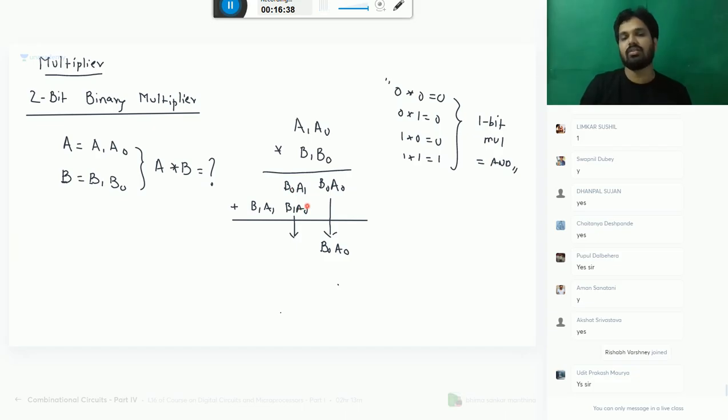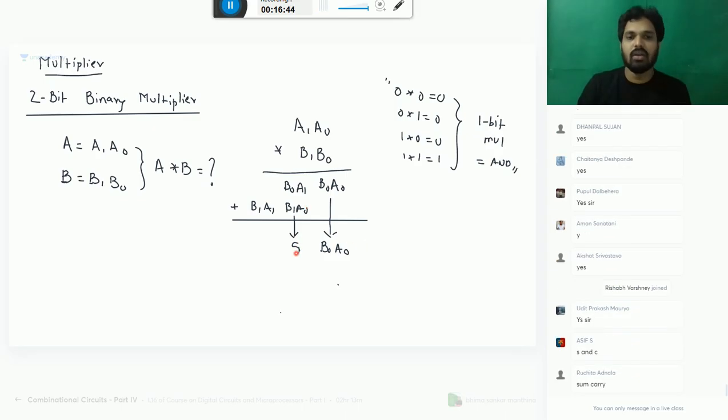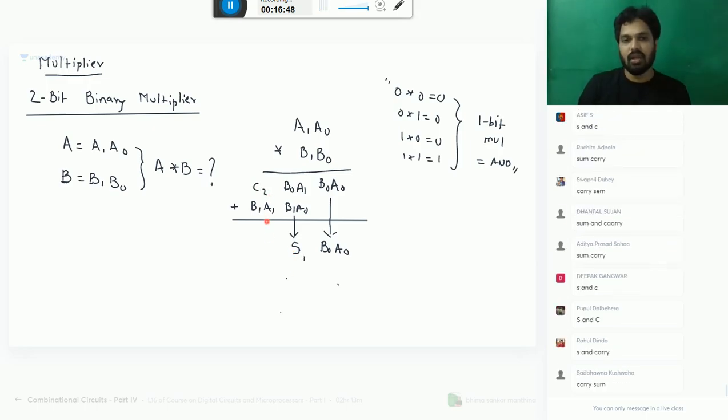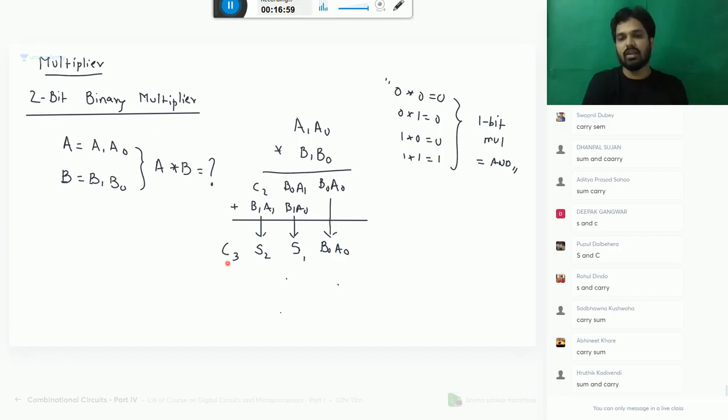What are they? Sum and carry. And again, you do the addition of these two, you get the sum and carry. Addition will always give two results, sum and carry. Sum is always equal to XOR operation, carry is always equal to AND operation.